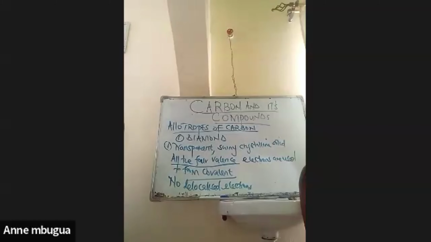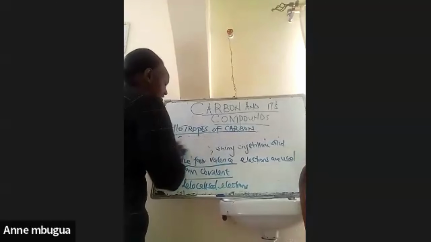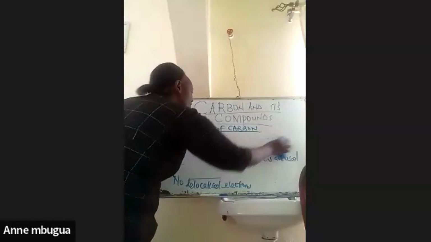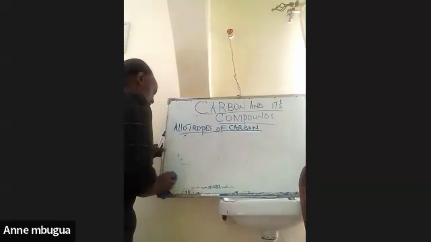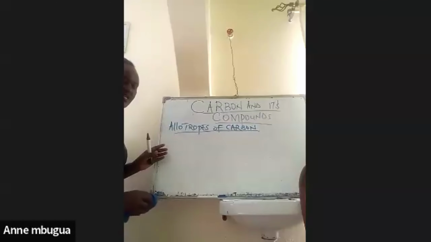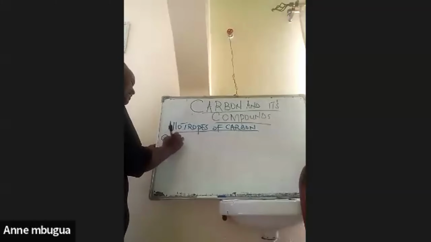The other property of diamond that I'm going to discuss is its density. That was about electrical conductivity: it's a non-conductor, because all the 4 valency electrons are used to form the covalent bonds. The second property of diamond that I'm going to highlight is the density.